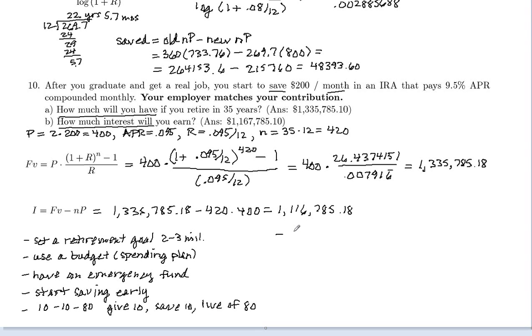Let's see, what else did we have in here? Pay an extra $100 on your mortgage. Okay, pay an extra $100 per month on your mortgage.